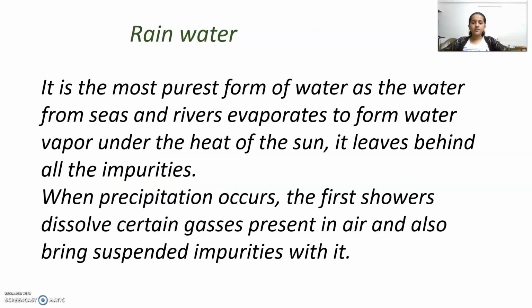It is the purest form of water, as the water from seas and rivers evaporates to form water vapor under the heat of the sun. It leaves behind all impurities. When precipitation occurs, the first drops dissolve gases present in air and also bring suspended impurities with them.